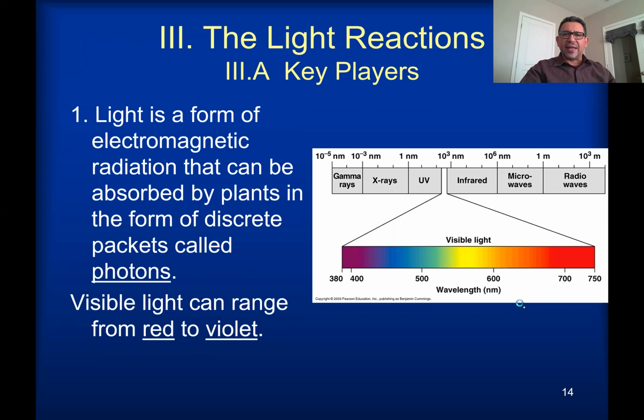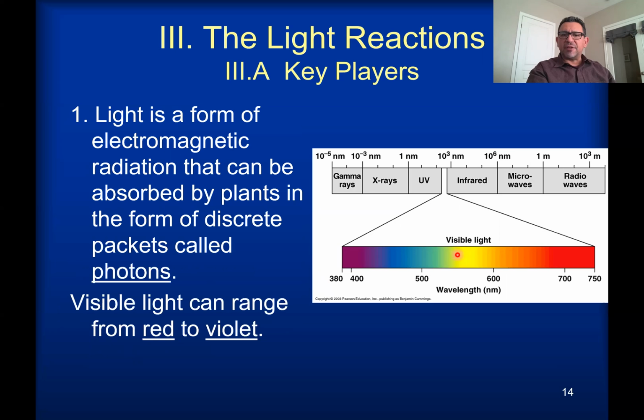What specific light are we talking about here? We're talking about all of the wavelengths that fall within the visible light spectrum. And so that is going to be from violet all the way to red. So colors like blue, green, yellow, orange, all of those colors are going to be absorbed during the light reactions.